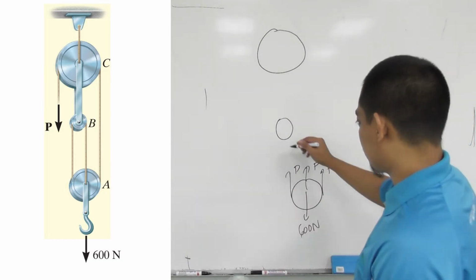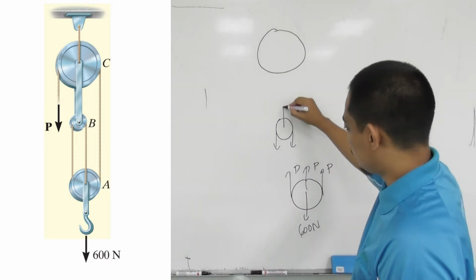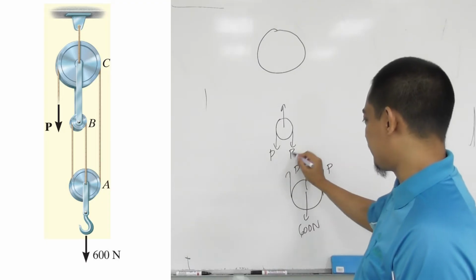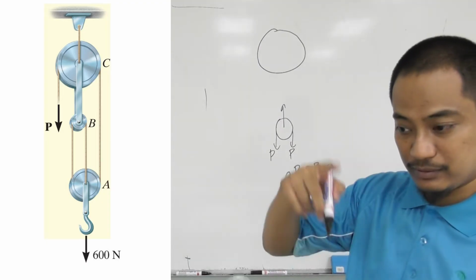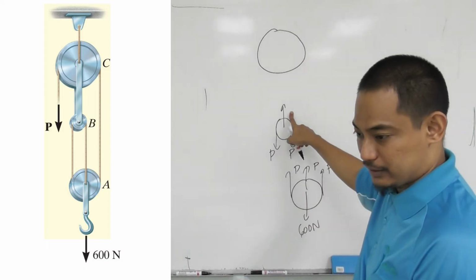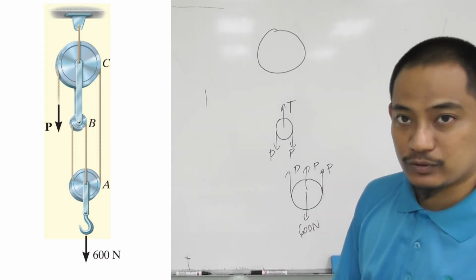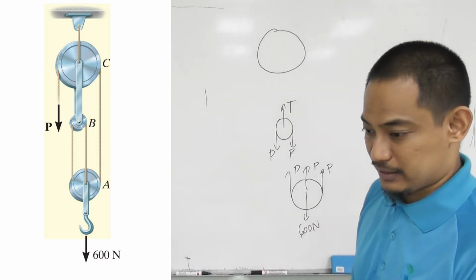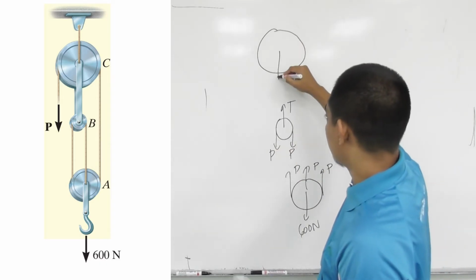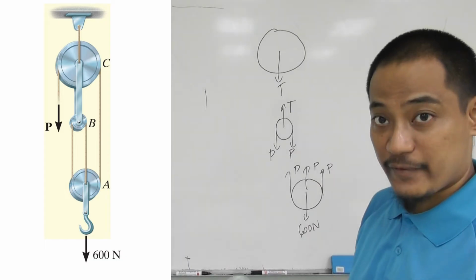Now, the next free body diagram is this one, and then that one, right? And this one, what is it? It's actually the same P, right? Because it's the same cable going around. And then this one you can label it as, let's use another one, T, that's common, right? And then that T is actually connected to here, correct?